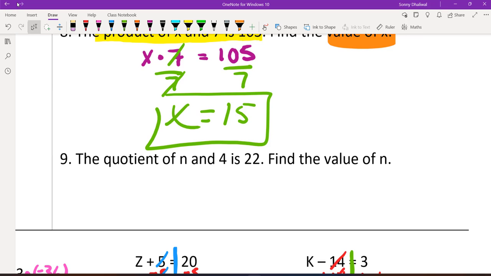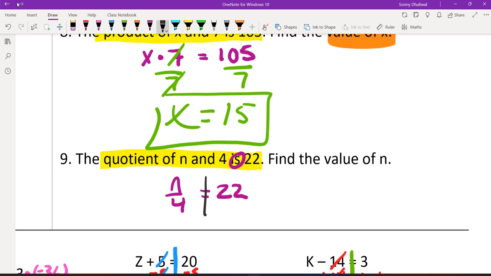Next, the quotient of n and 4 is 22. What does the word quotient mean? Divide, and it's up there as well. So we divide n and 4, and notice the word is turns into an equal sign. Now we need to solve for n.